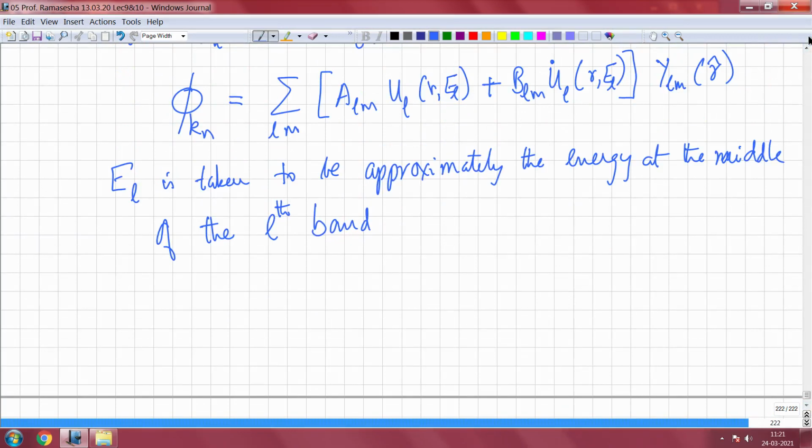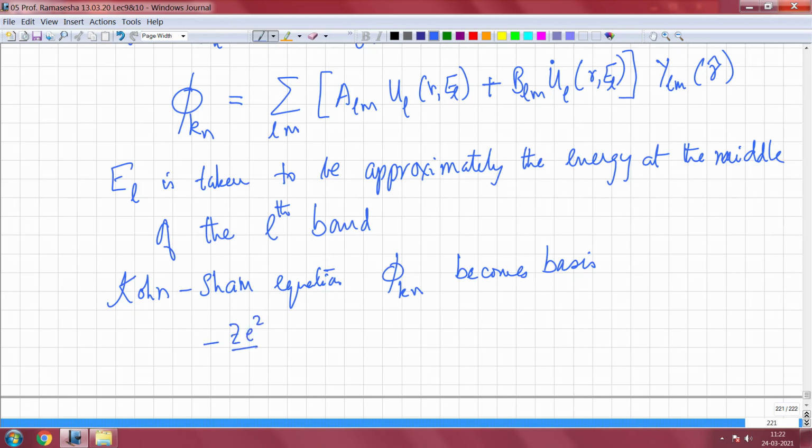And they also use density functional theory using Kohn-Sham equations, and in the Kohn-Sham equation phi kn becomes a basis, and essentially you do a kind of Hartree-Fock solution, except that the potential part is the potential due to the core, that is due to the nucleus, plus the electron interaction part plus an exchange correlation part.